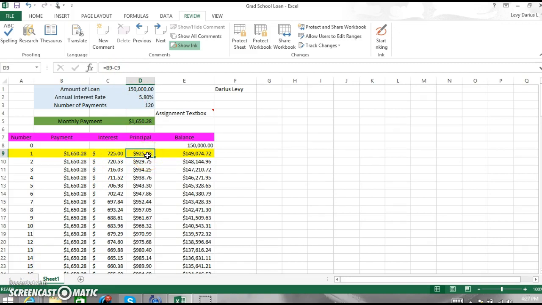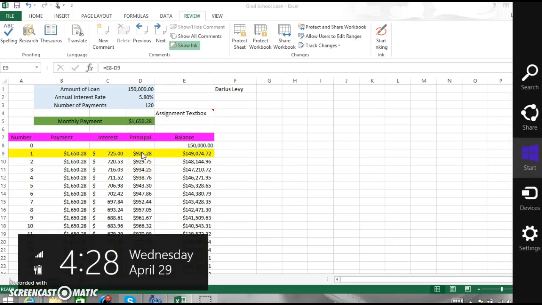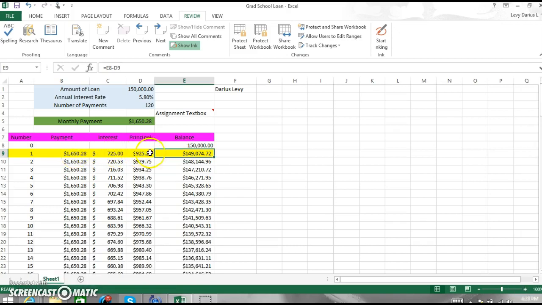For this one right here, it'll equal B9 minus C9, and that will give you this. This right here equals E8, which is the balance that you start off with, minus D9, because you just got D9 from subtracting these. And D9 is what you take from the balance.